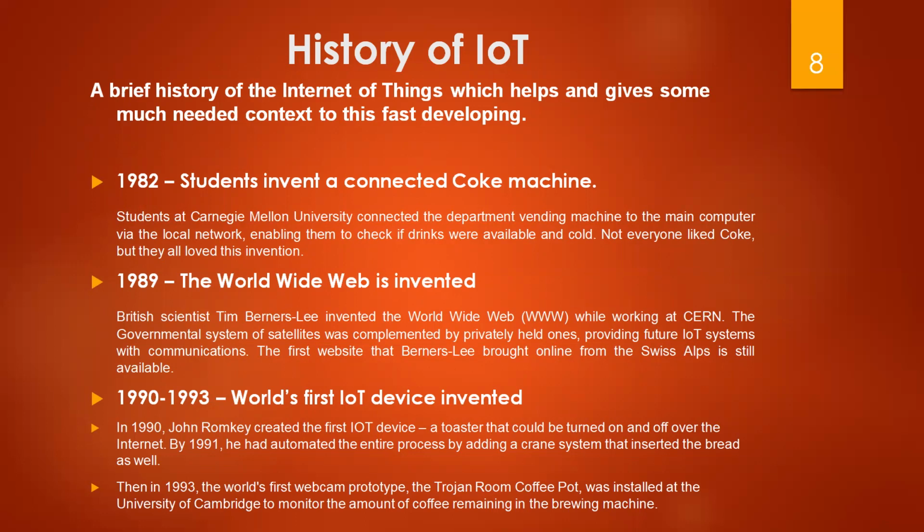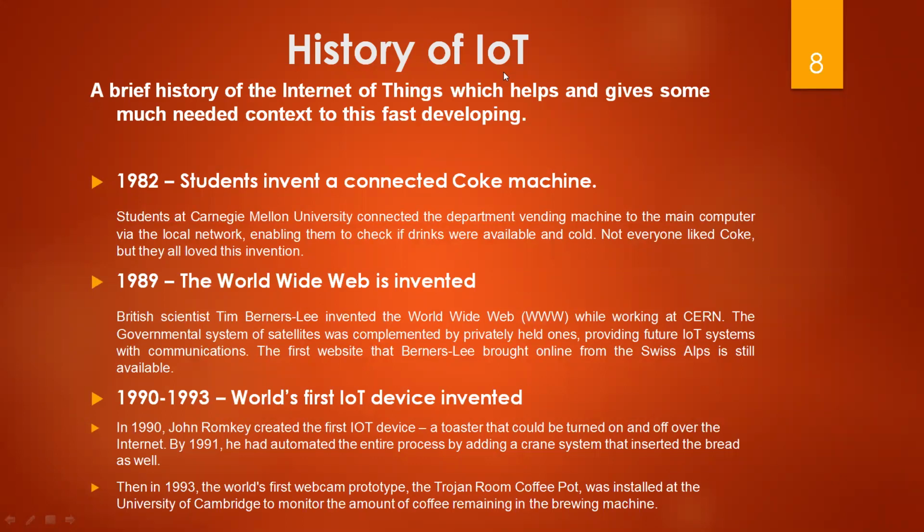In 1990 to 1993, the world's first IoT device was invented. In 1990, John Romkey created the first IoT device, a toaster that could be turned on and off over the internet.